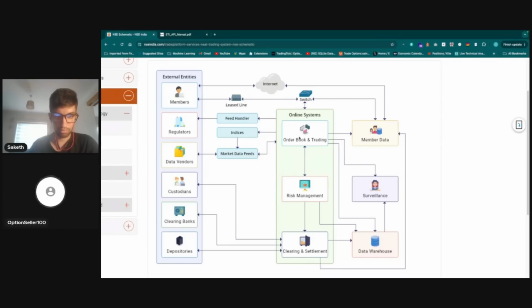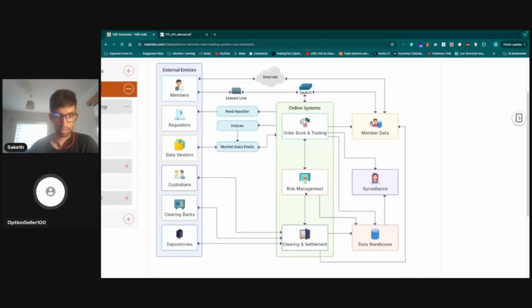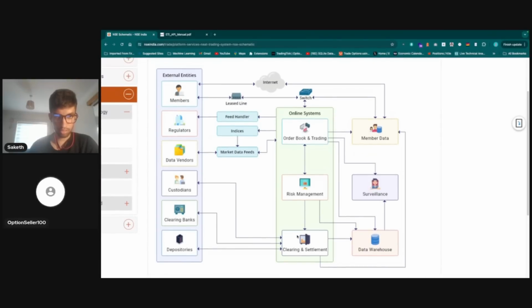Again, they'll have mainly three entities, which are the order book and trading, where pretty much all the orders are placed, and then the risk management. It is basically to look at what kind of prices are getting traded, what kind of volumes, etc. And also you will have the clearing and settlement. And then on the left side, the regulatory body in the India context is obviously SEBI.